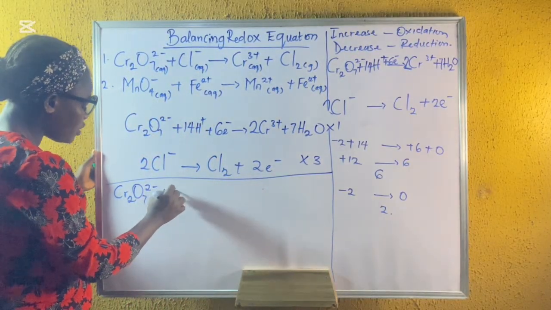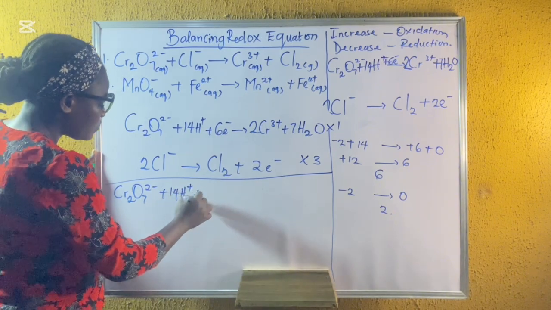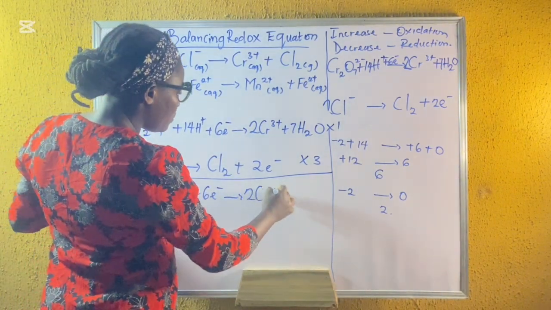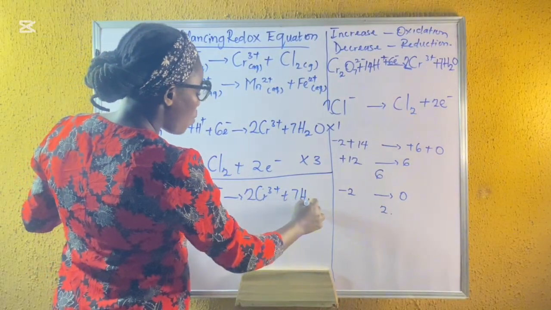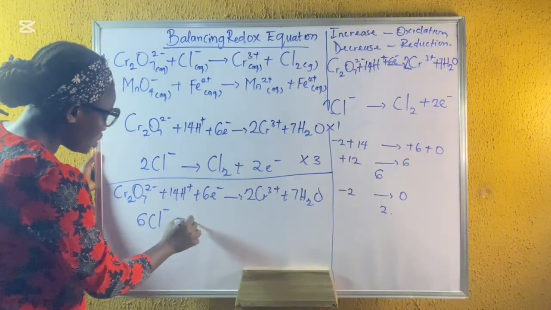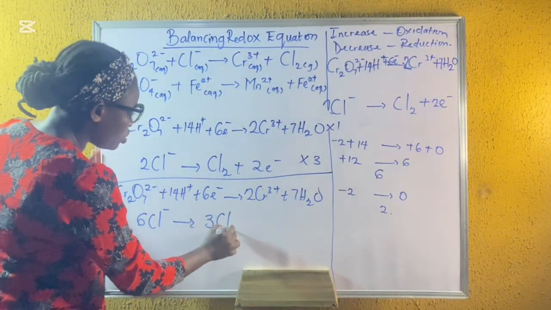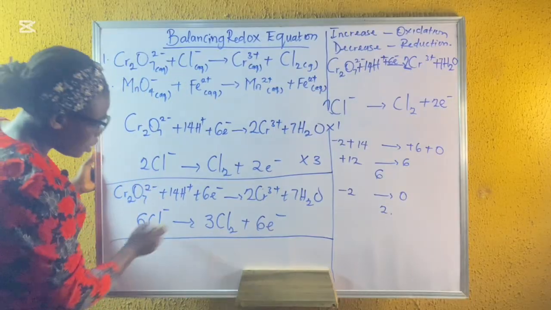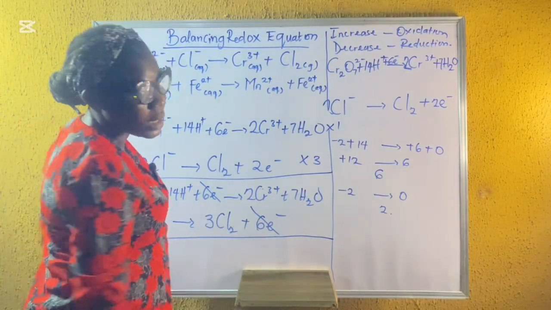So it is going to give me Cr2O7 2- plus 14H+ plus 6e- to give 2Cr3+ plus 7H2O. Then 3 times this will be 6Cl- to give 3Cl2 plus 6e-. So the electrons will cancel out.